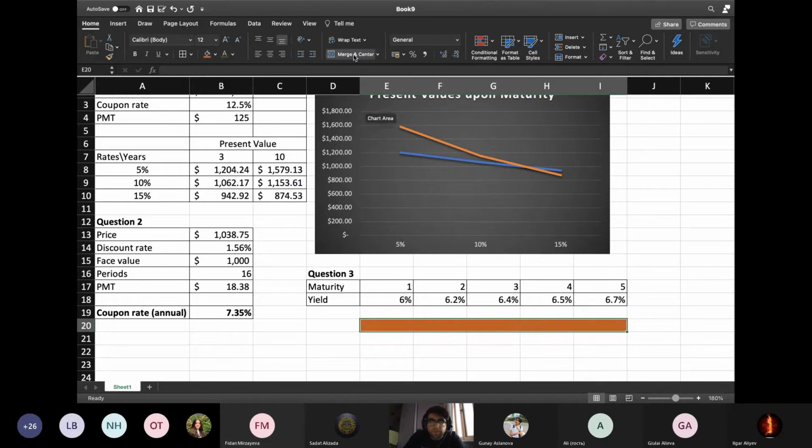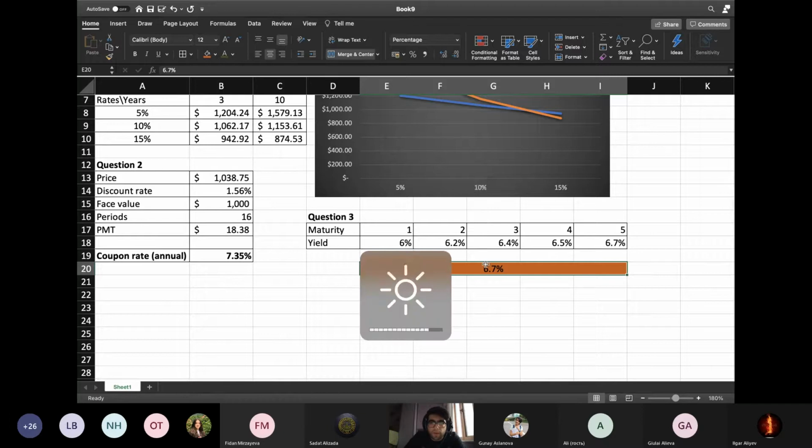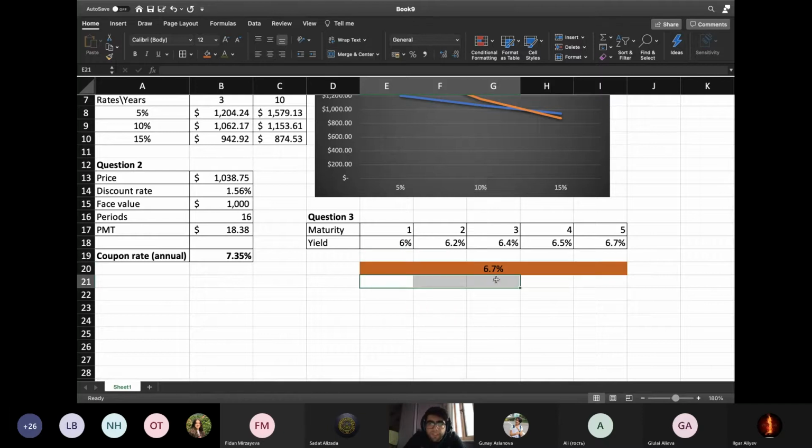We have generally, let me merge them. For 5 years, we have 6.7% yield, right? And for 3 years, we have 6.4%. And we have to find this rate.